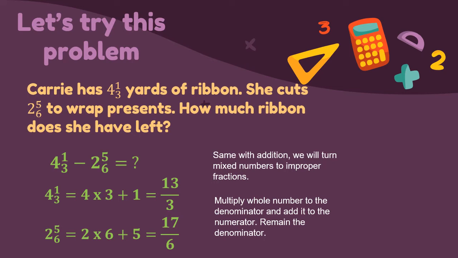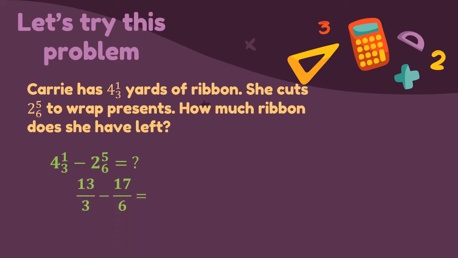So for 2 and 5/6, we have 2 as the whole number, multiplied to the denominator, which is 6, plus the numerator, which is 5. So we have 2 times 6 plus 5 is equal to 17, and remain the denominator, which is 6. Alright, so we have the improper fractions of these mixed numbers. We have 13 over 3 minus 17 over 6.